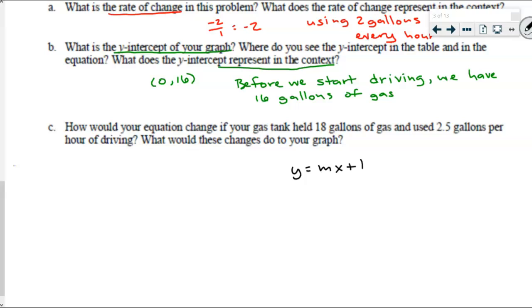So y equals mx plus b. That new starting value is now going to be 18, and it's changing 2.5. So instead of subtracting 2, we're subtracting 2.5. So the equation is now going to be y equals -2.5x plus 18.